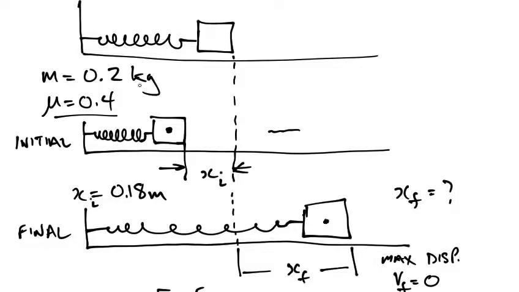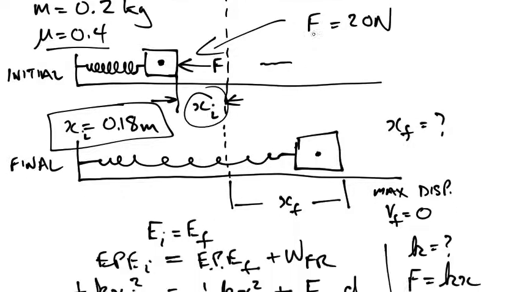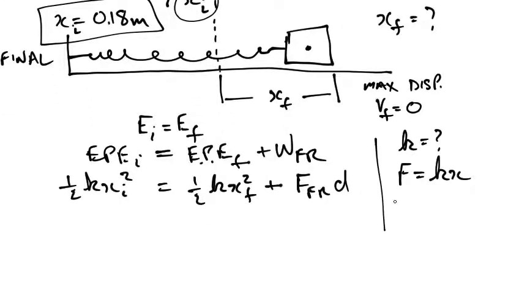It says that a force of 20 newtons was applied in this direction in order to get it to compress this distance, x initial, which we know is 0.18. So let's go ahead and work out k. k is equal to F over x.